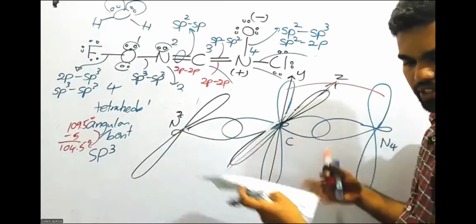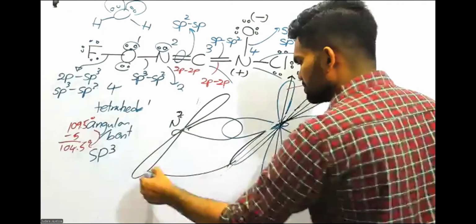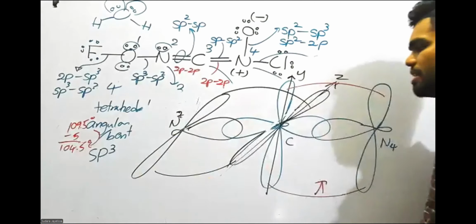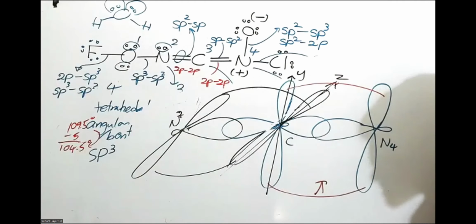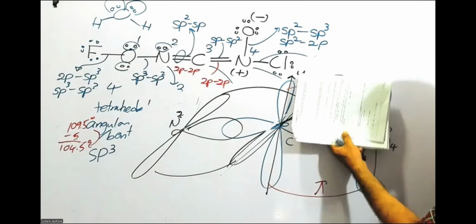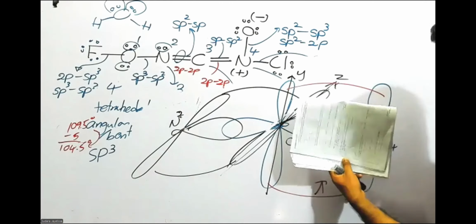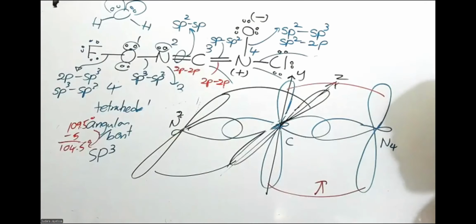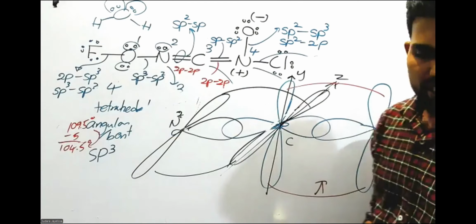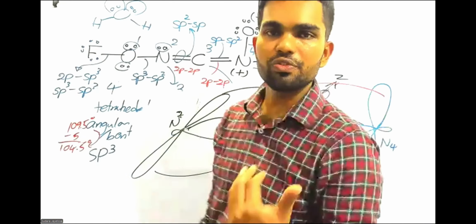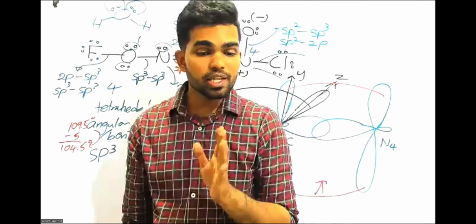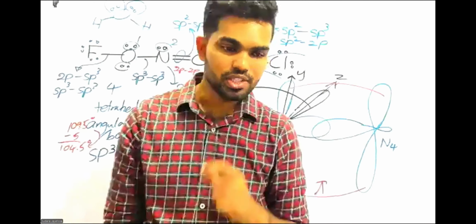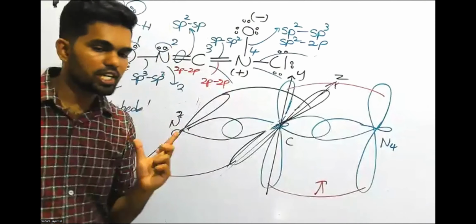Then those two can overlap, perpendicular to the other pi bond. Understand? So what will be the orientation? One pi bond is along the board and another pi bond is perpendicular to the board, right? So if they ask the orientation, you write that the two pi bonds are perpendicular to each other.